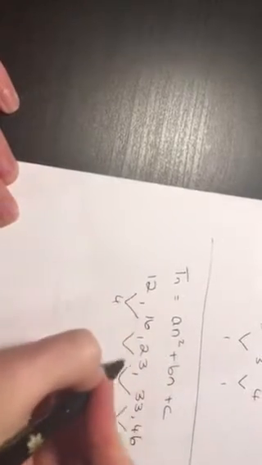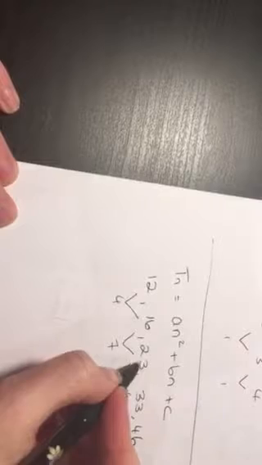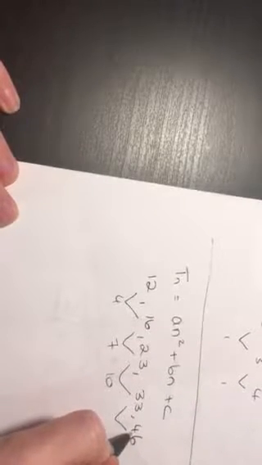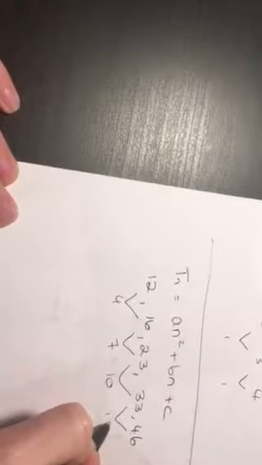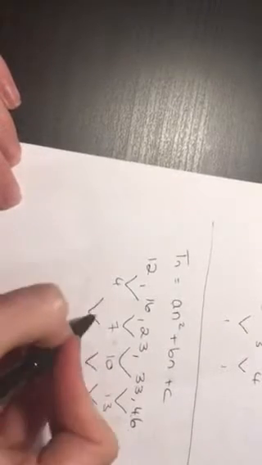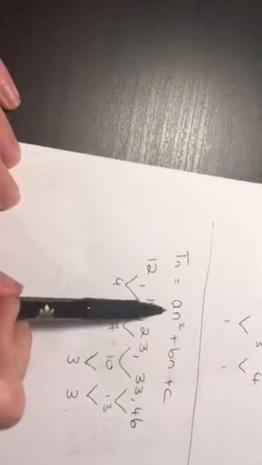So the first differences are 4, 7, 10, 13. It is not linear, but if you look at your second difference, we have a common second difference of 3. So I definitely know it's quadratic.